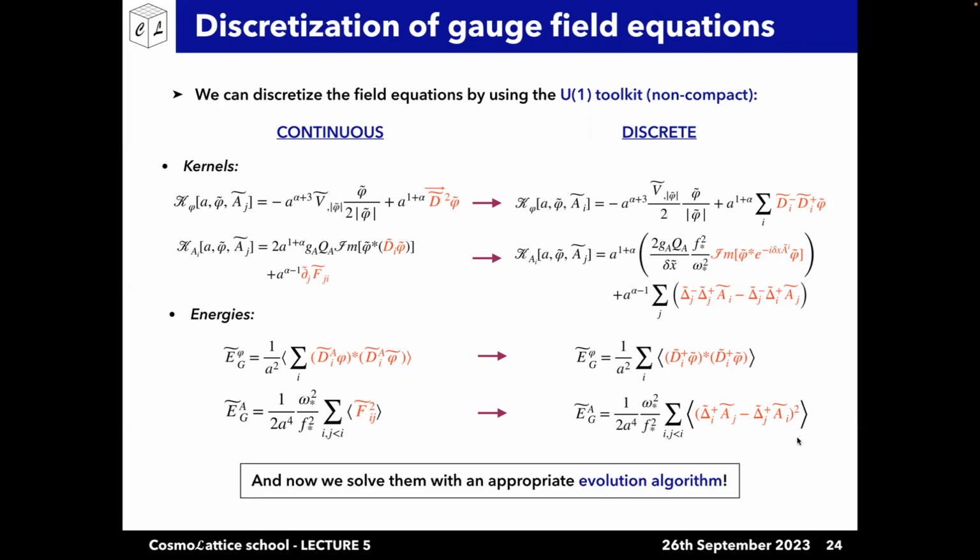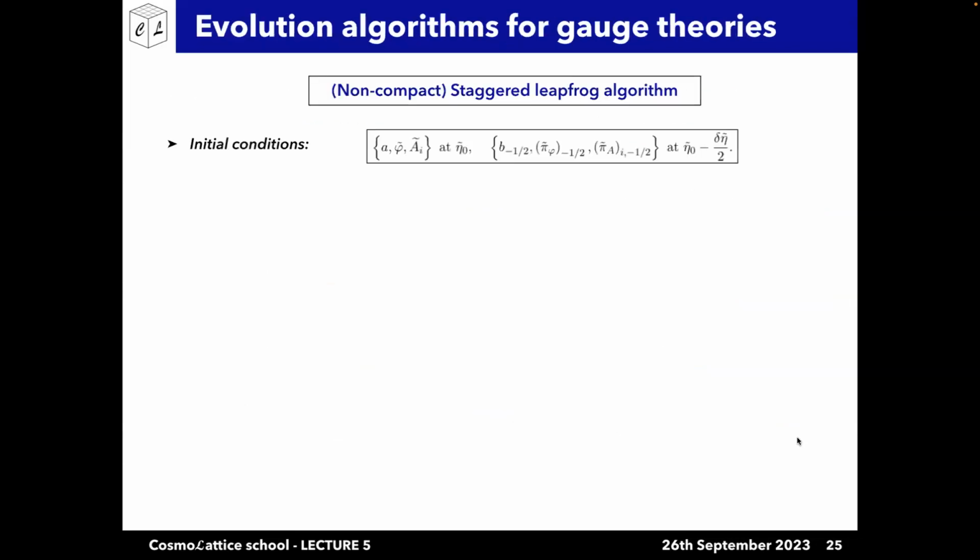And now we can solve them with an appropriate evolution algorithm. In CosmoLattice right now, I think there are two algorithms implemented for gauge fields. One is the staggered leapfrog algorithm that starts in such a way that the field amplitudes and the scale factor are defined at a certain time, but then the momenta associated to these components are defined initially at minus time step over 2.